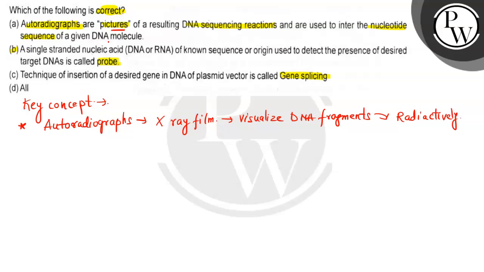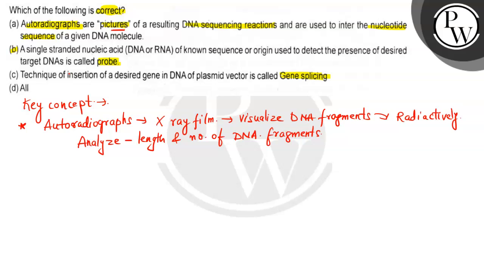Another major reason for using this technique is that we can analyze the length as well as the number of DNA fragments that are separated from one another using the technique of gel electrophoresis.